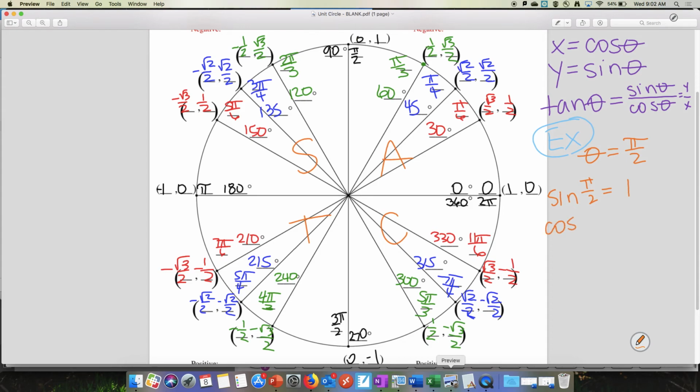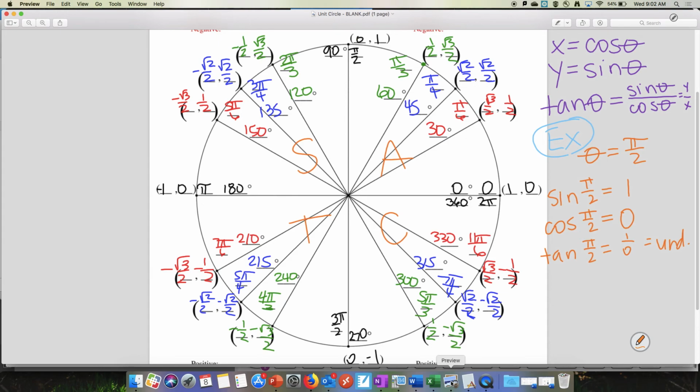Our cosine ratio is the x coordinate. Our tangent ratio is sine over cosine. Undefined. We cannot divide by 0. One divided by 0, we cannot do.